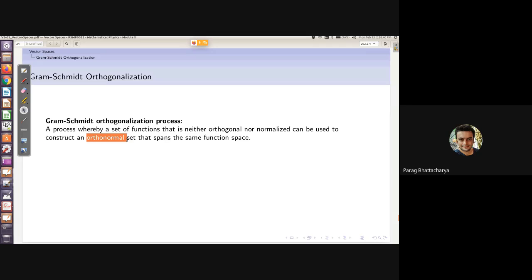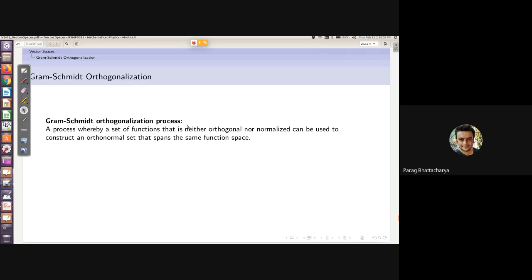Suppose I have a 5-dimensional vector space. That means any basis will have 5 members that are linearly independent, so any vector can be written as a linear combination of 5 different functions.